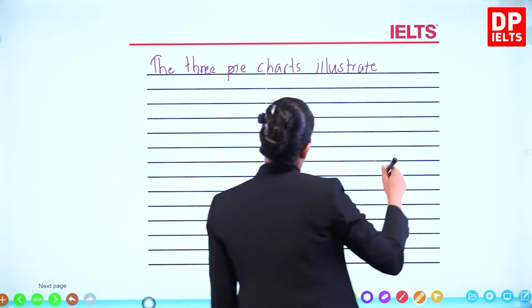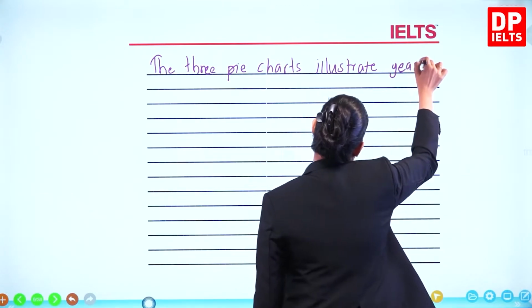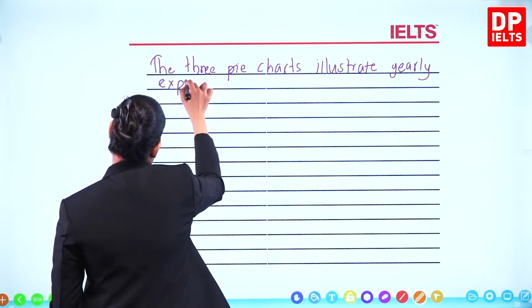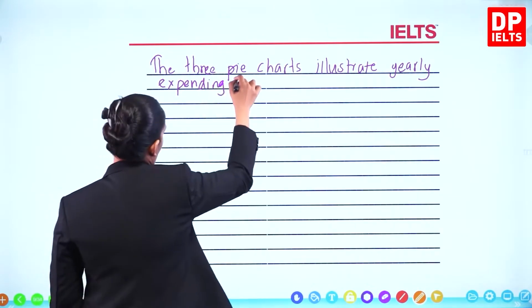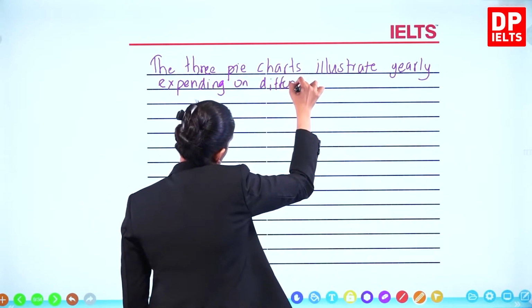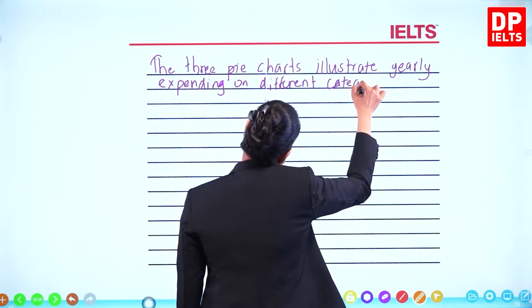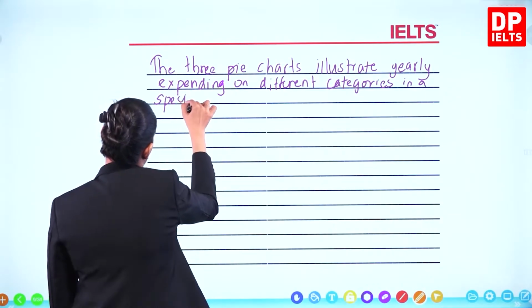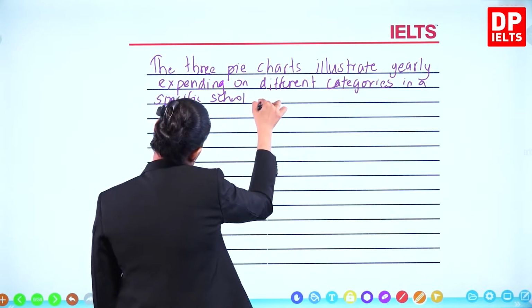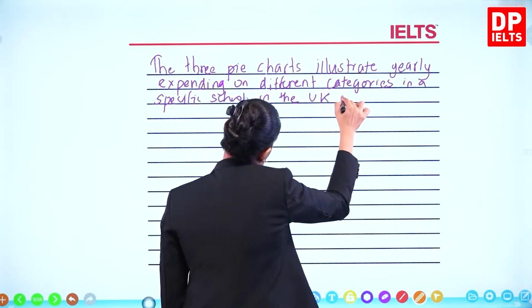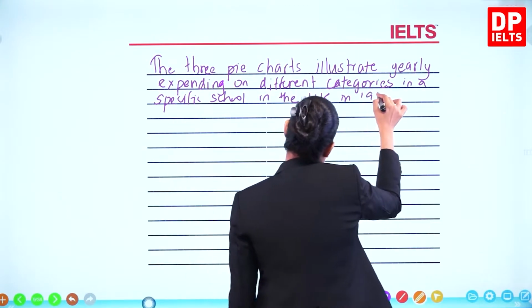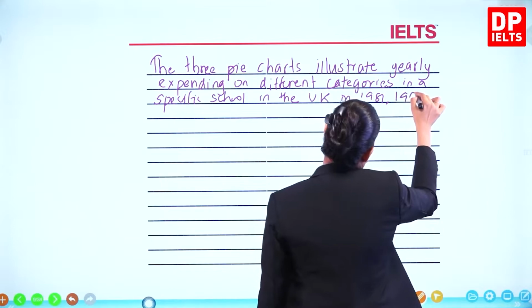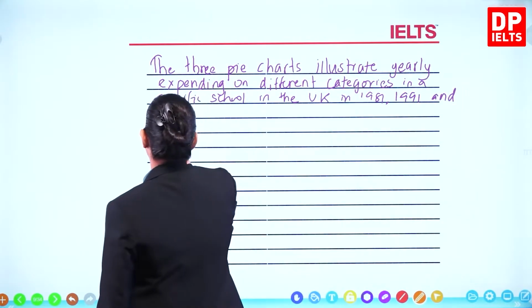The 3 pie charts illustrate yearly expenditure on different categories in a specific school in the UK in 1981, 1991 and 2001.